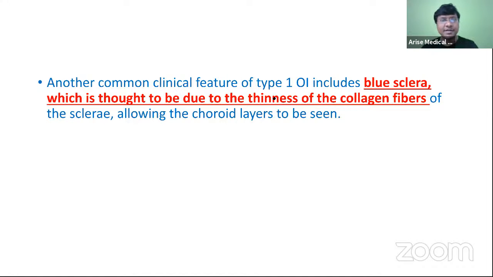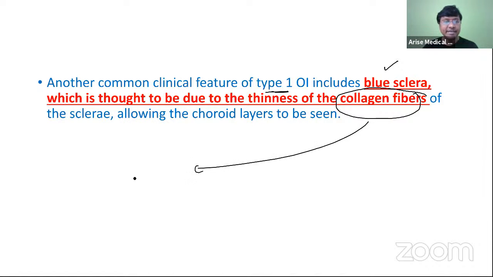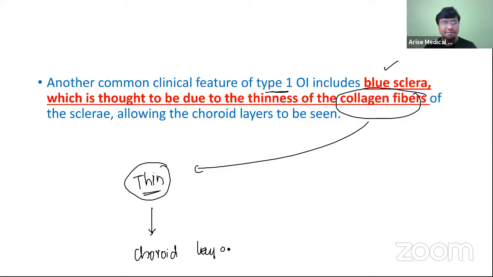Another important clinical manifestation includes blue sclera. Why does blue sclera occur? That is due to thinness of the collagen fibers of the sclera. Because the collagen fibers of the sclera are very thin, the choroidal layers can be seen through the sclera.